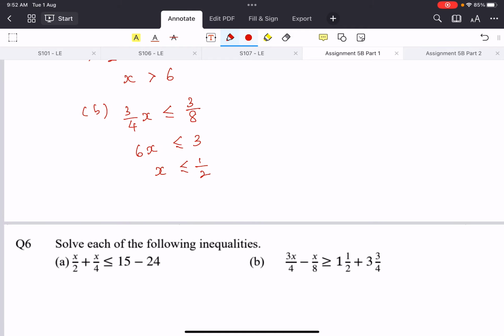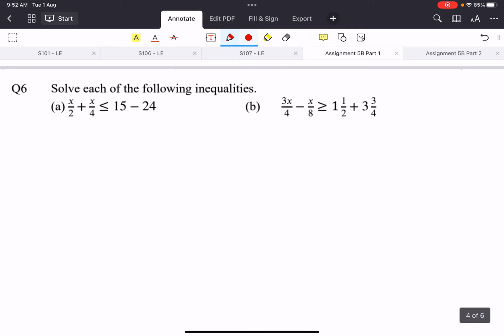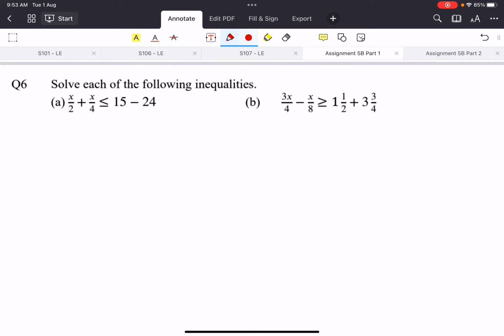All right, question 6. Let's work on this. For part A, we can make the denominator common first. So 2x over 4 plus x over 4 is less than or equal to 15 minus 24, which is negative 9.